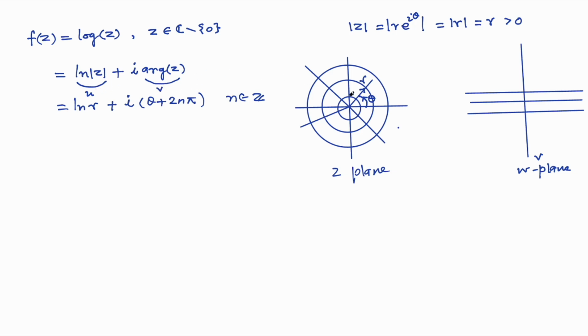So ln r will be the perpendicular line. This is ln r. So you will find parallel lines, and for theta, depending on how much rotation you get, you are going to get multiple parallel lines. So these are all the multiple parallel lines we are going to get.